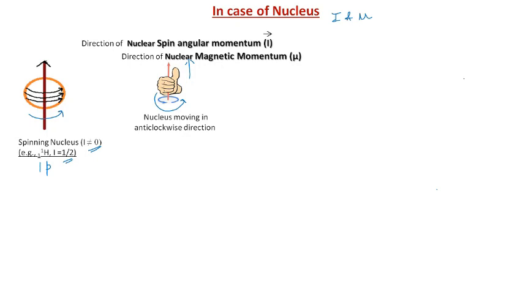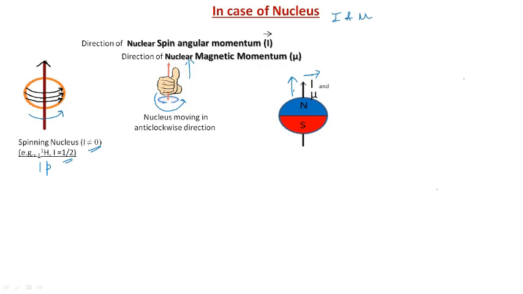This spinning charged nucleus will create a magnetic dipole as it does in case of electron, which we have discussed earlier.